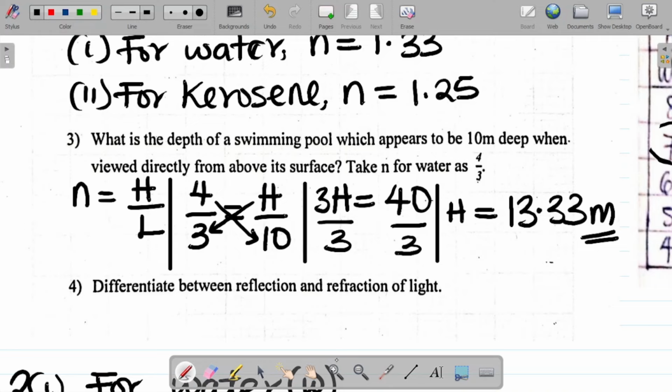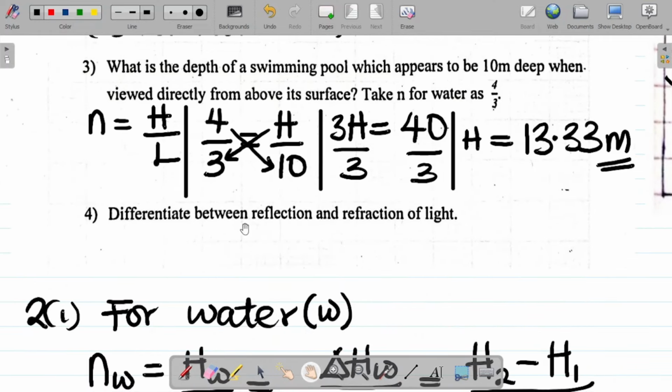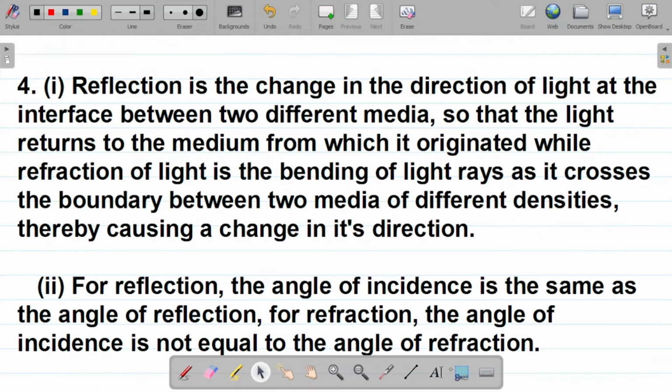Last question there, question 4 says, differentiate between reflection and refraction of light. So solution, question 4.